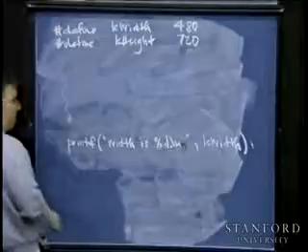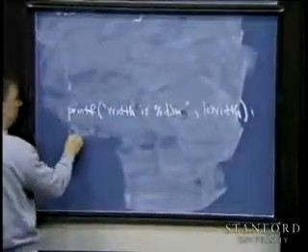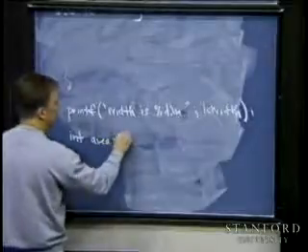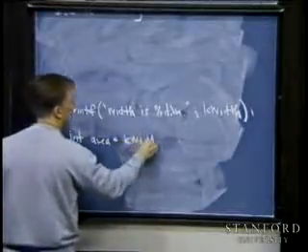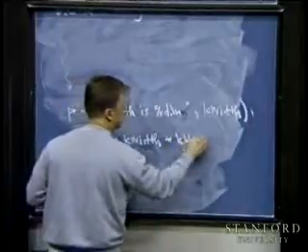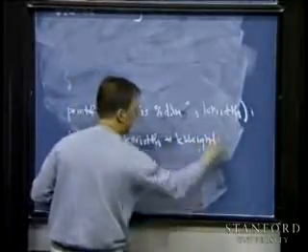Maybe a more meaningful thing might be something like int area is equal to k width times k height. And it exists in your code somewhere.